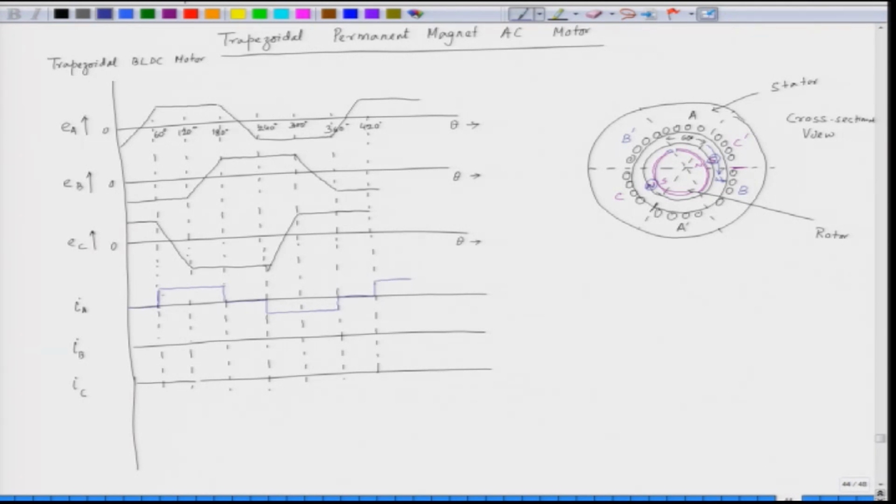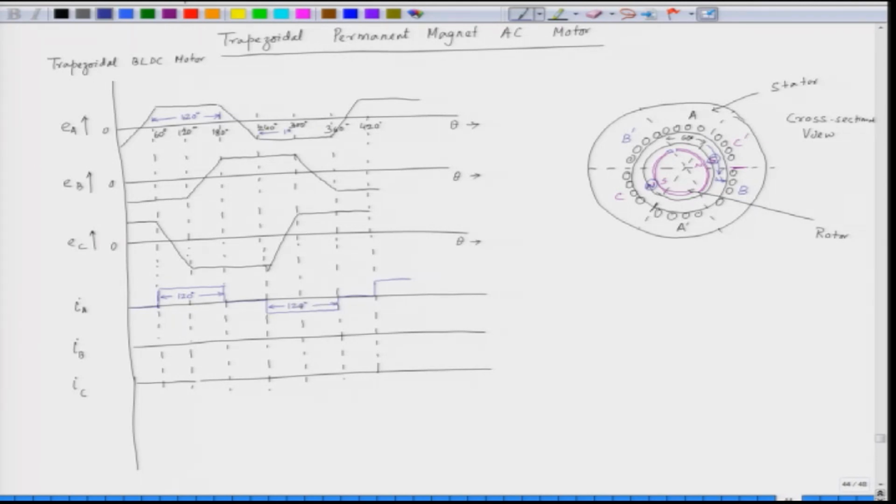So, this duration is 120 degree and this coincides with the constant induced EMF of phase A. When the induced EMF is constant, we have the current, and this is also 120 degree. The phase A current is positive when the induced EMF is positive. Phase A current is negative here again, this is 120 degree, when the phase A induced EMF is negative.